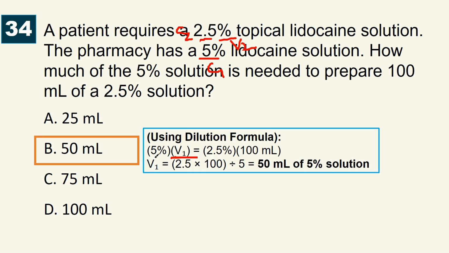If you do that, you get 50 mL of 5%. So you are required to take 50 mL of 5% to prepare this 2.5% lidocaine.